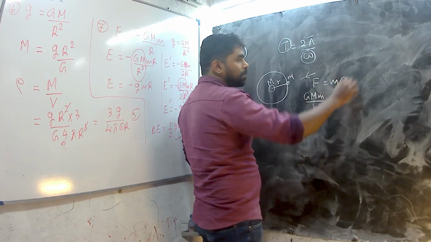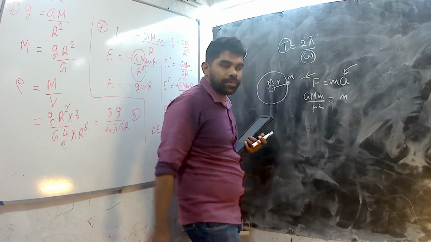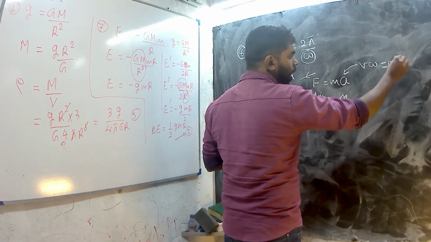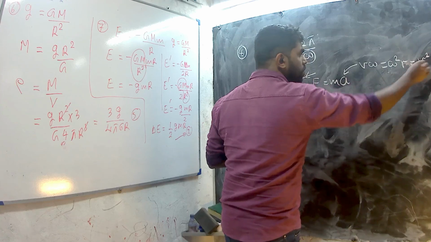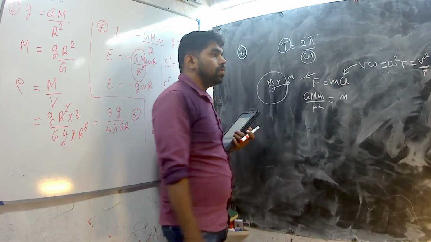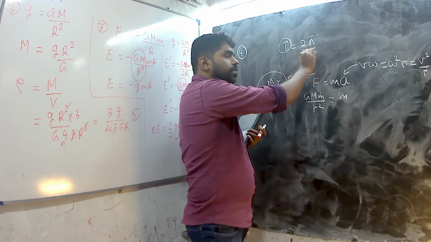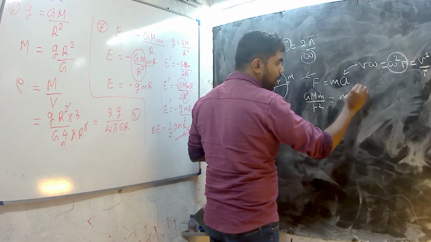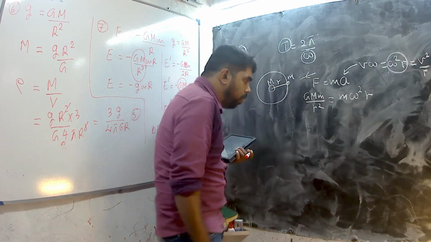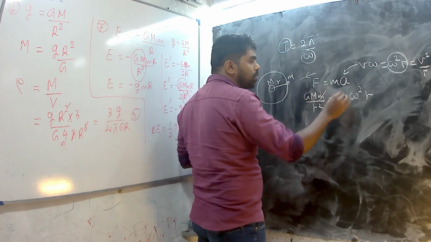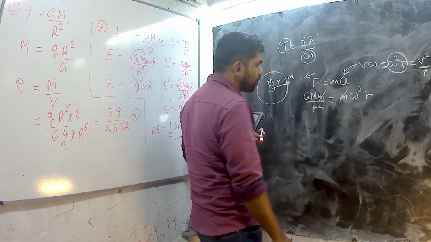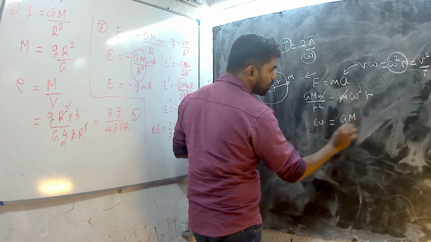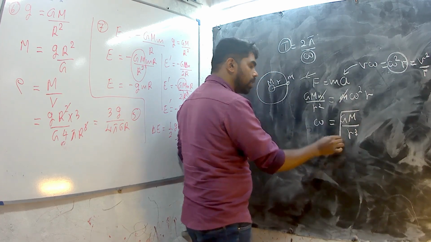For a, the centripetal acceleration, we can substitute omega squared r, or v squared over r. Now I am trying to get the relationship with angular velocity, so I will substitute omega squared r. Now we can cancel out the m term, and I get omega equals the square root of GM over r cubed.